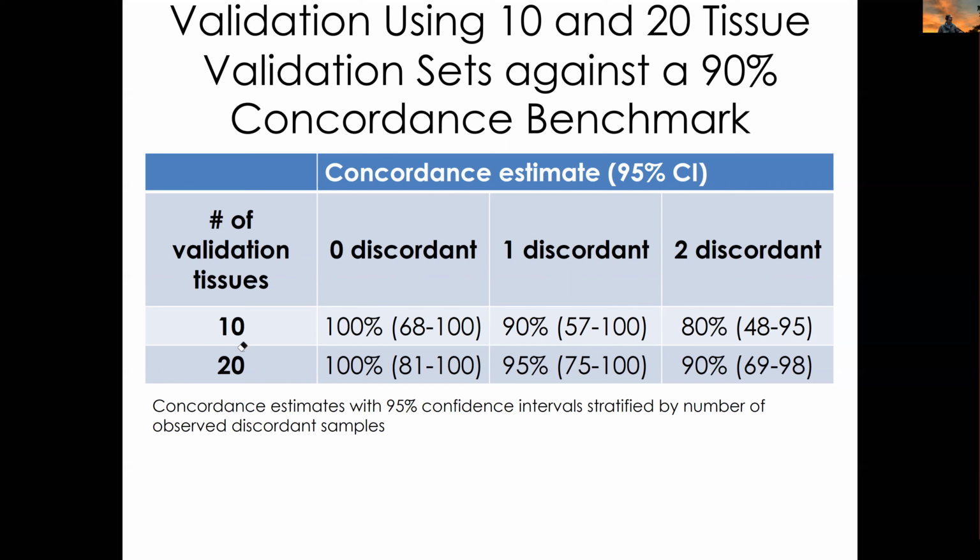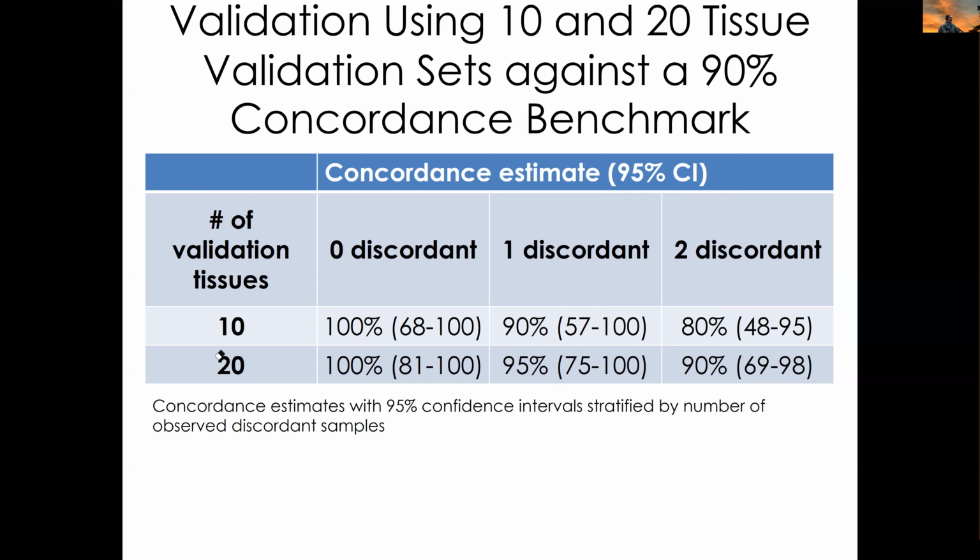So if we just have 10 samples and none of them are discordant, our confidence limits are still pretty broad, 70 to 100%. If we have one discordant case, then it drops down to 50. And if we have two discordant, we're under 50. So that's really not a very high confidence interval.